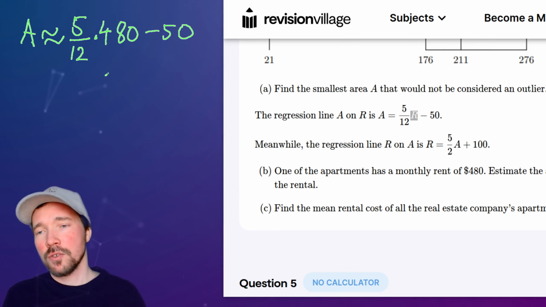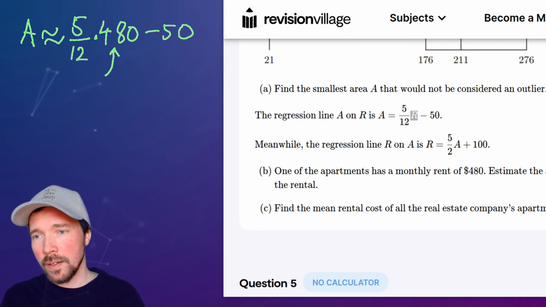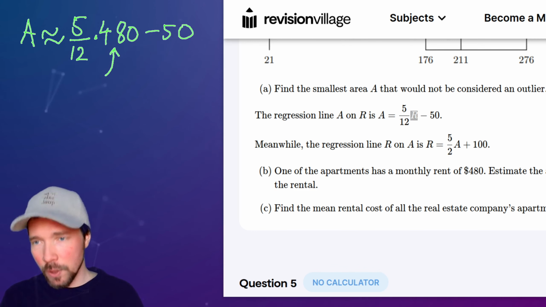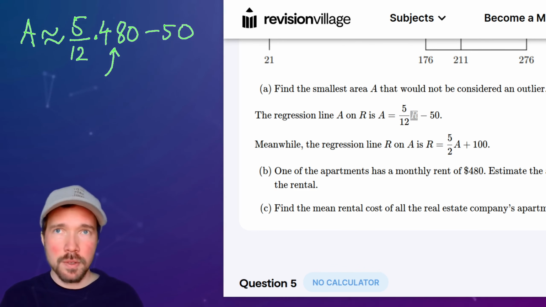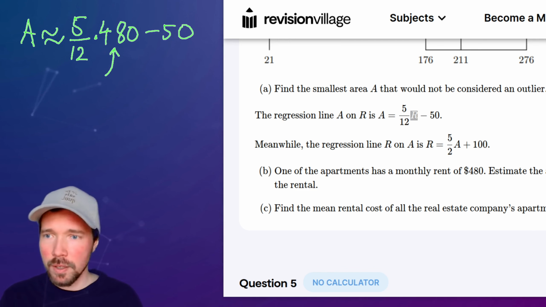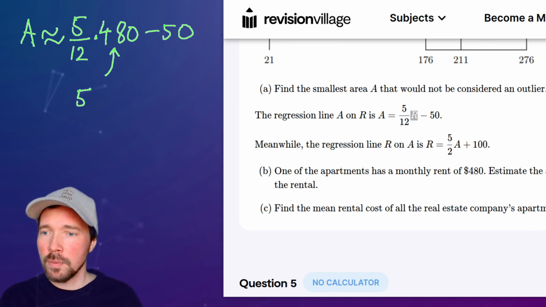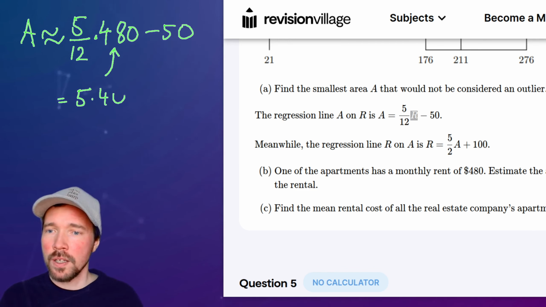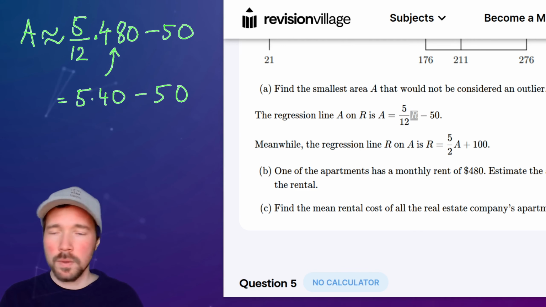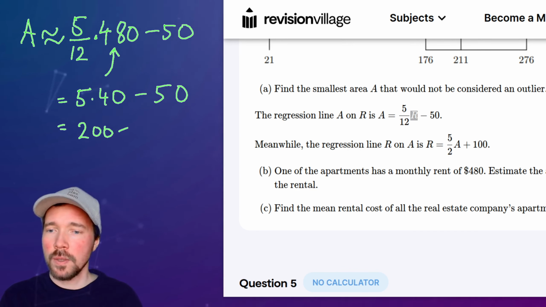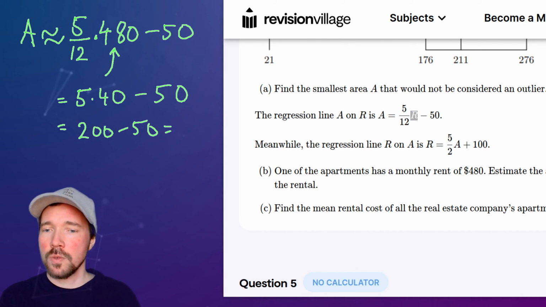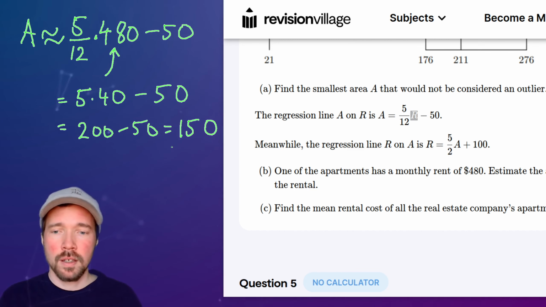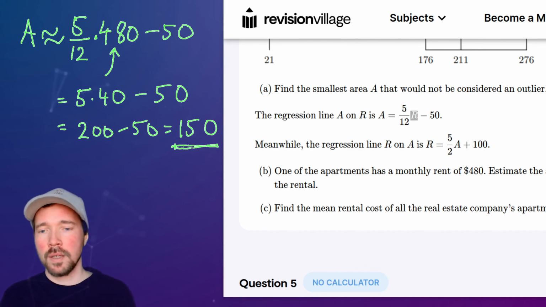So when I divide by 20, I get 40, and 40 times 12 is 480, so I'm right. So this is going to be 5 times 40 minus 50, which is 200 minus 50, which is 150. Yay, that's bigger than my apartment.